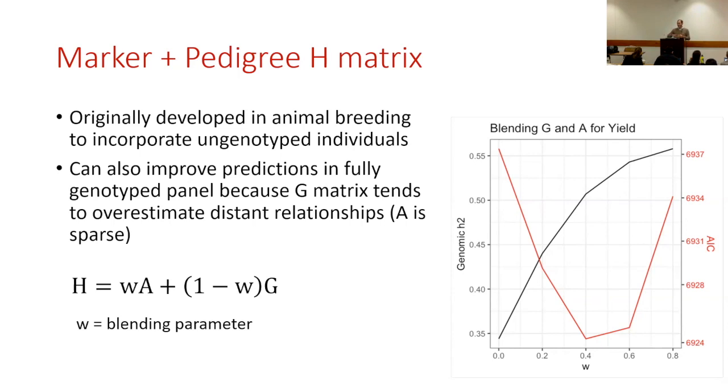So it's like you're pulling variance out of the non-additive component into what you consider additive as you blend more of the pedigree matrix in with the G matrix, which begs the question, what's the right answer? I think it just shows these genomic heritabilities you have to take with a bit of a grain of salt if you want to think about what they really mean, genetically speaking.